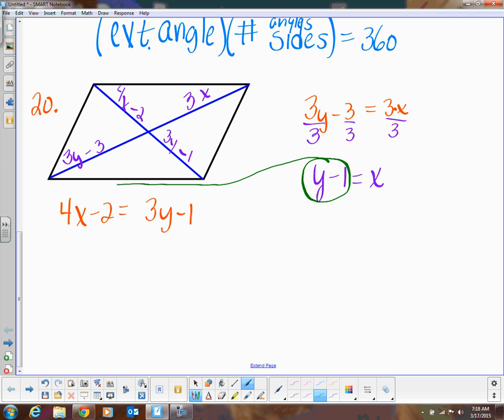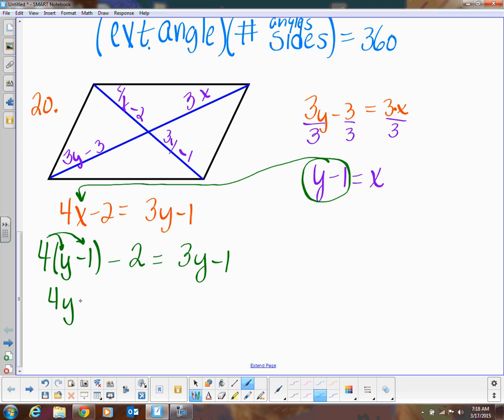Substitute it over. So this becomes 4 times y minus 1 minus 2 equals 3y minus 1. What's the next step, Hope? What are we going to do with that 4? Distribute. So we're going to have 4y minus 2 equals 3y minus 1.